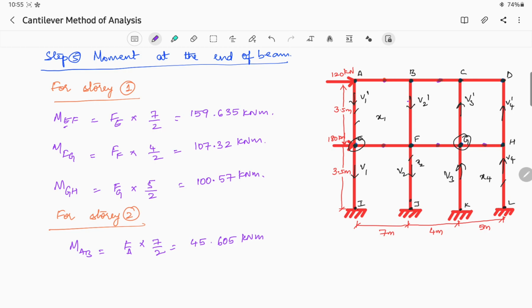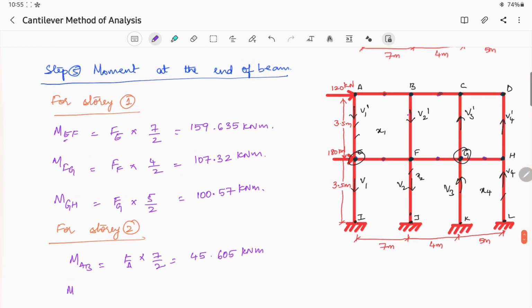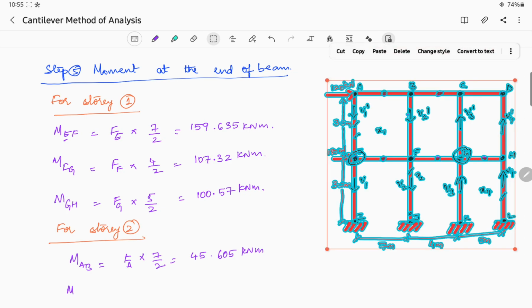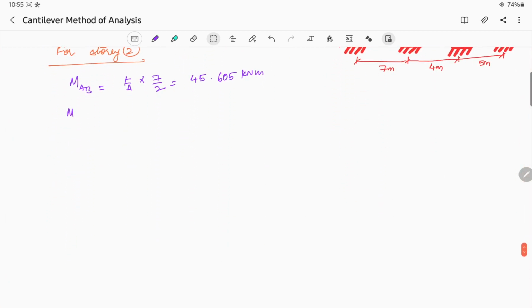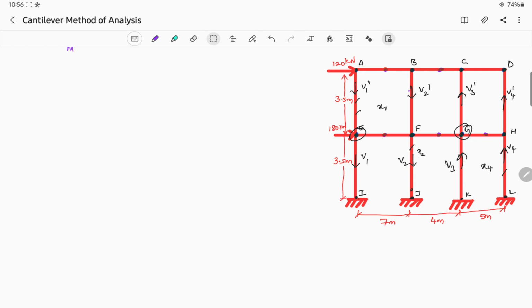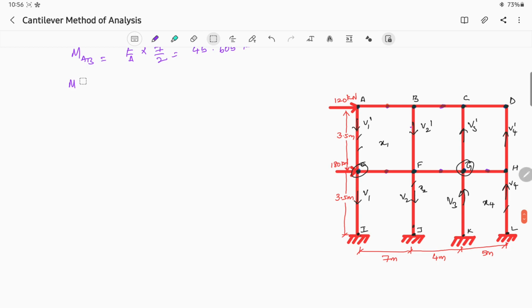Similarly, we'll take down this point, that is moment in member. Let us take down this figure. Okay, so which moment have we calculated? Moment in AB we have calculated. Now moment in BC.